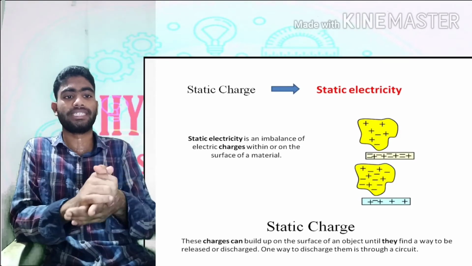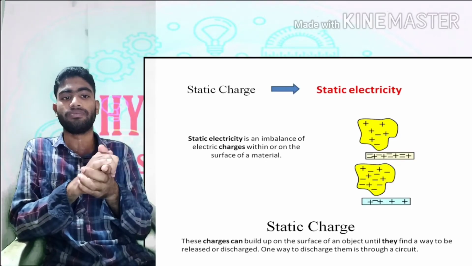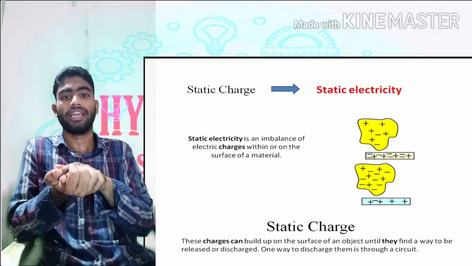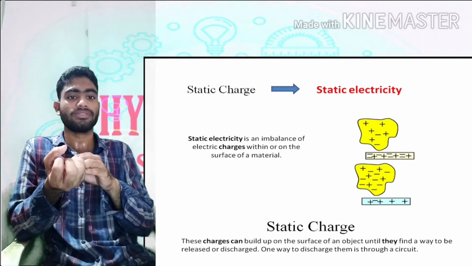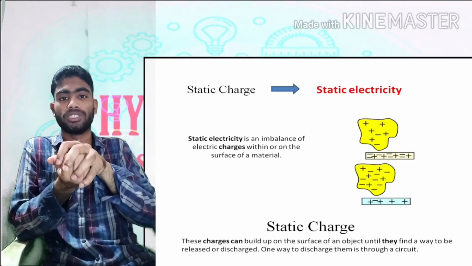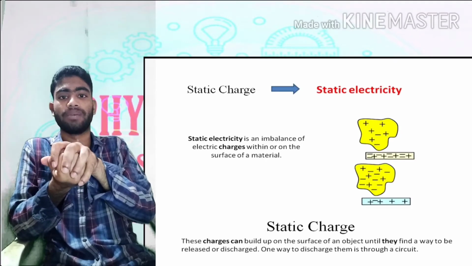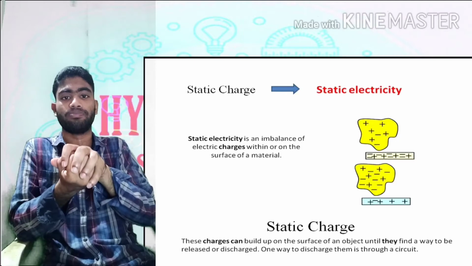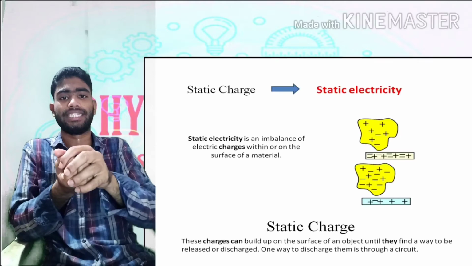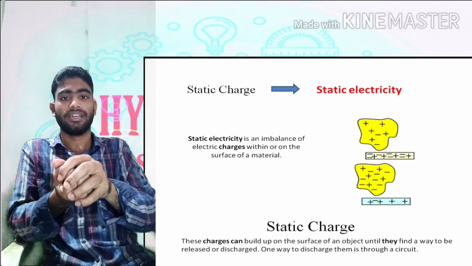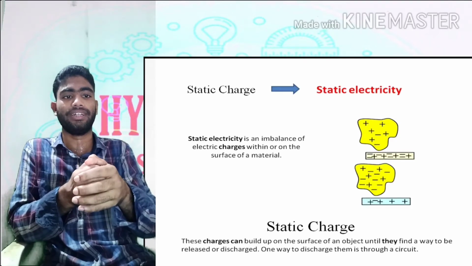One more definition: static charge means charges can build up on the surface of an object until they find a way to move. They are at a fixed position until they find a path to move. Once they move, you cannot call it static charge.